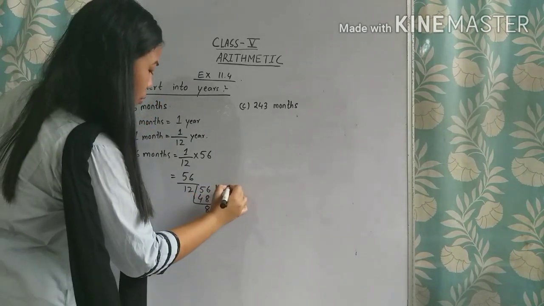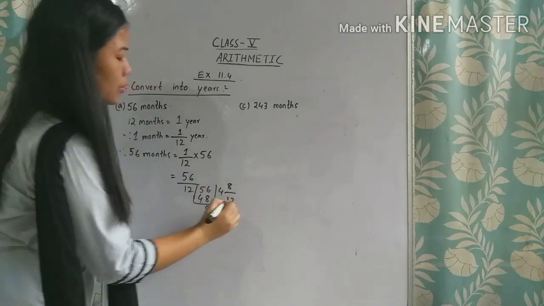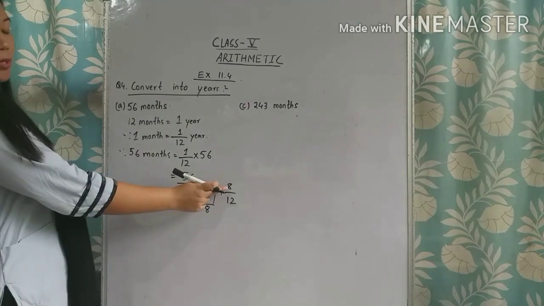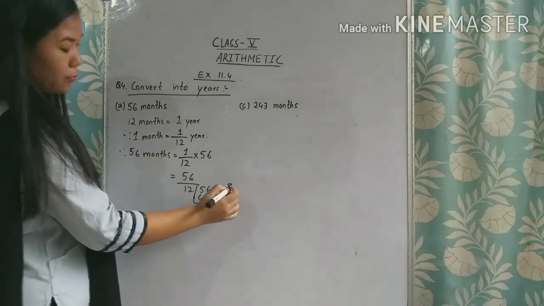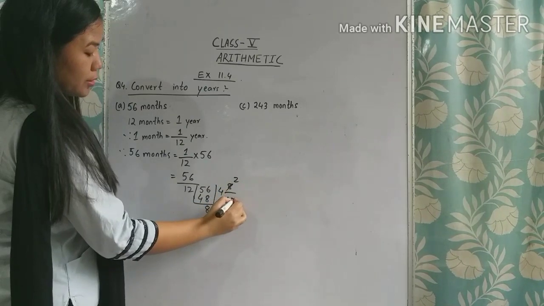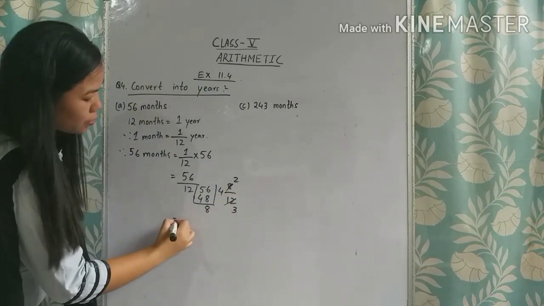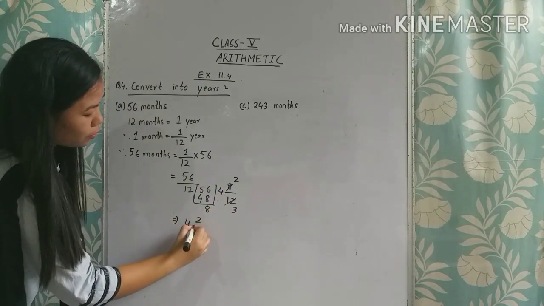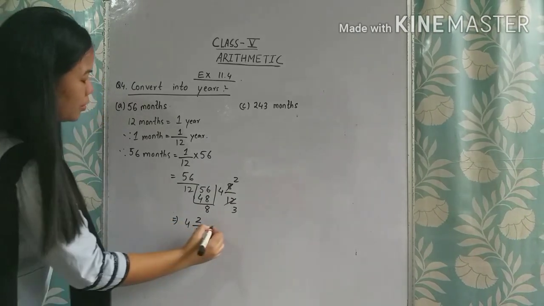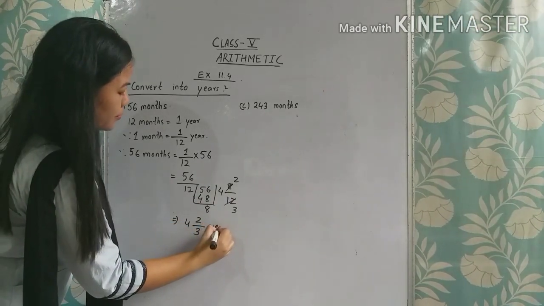So 4 whole 8 by 12. Now you can reduce these 8 and 12 with 4. 4 2s is 8, 4 3s is 12. So your answer is 4 whole 2 by 3 years.